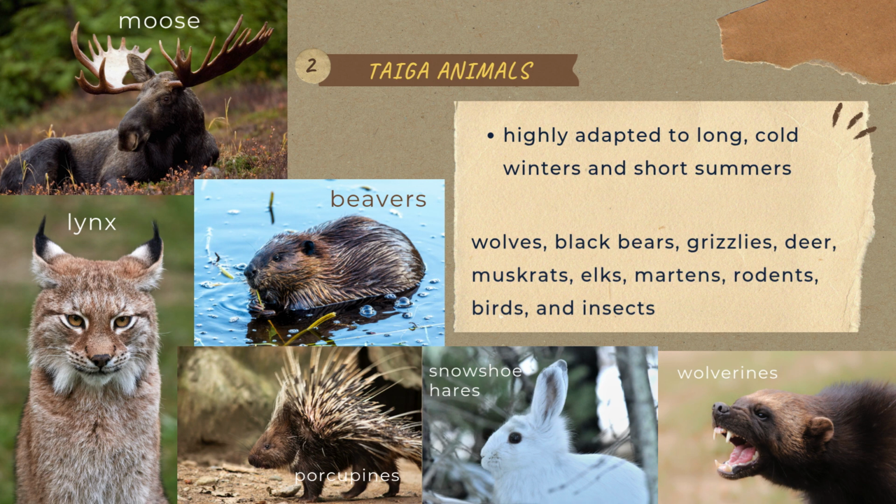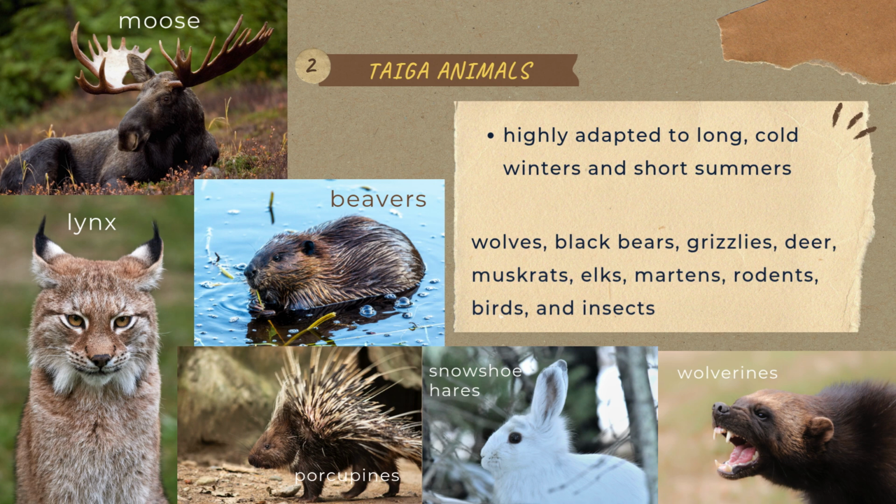And like the animals present within the tundra biome, they do have adaptive features like insulation and camouflage.